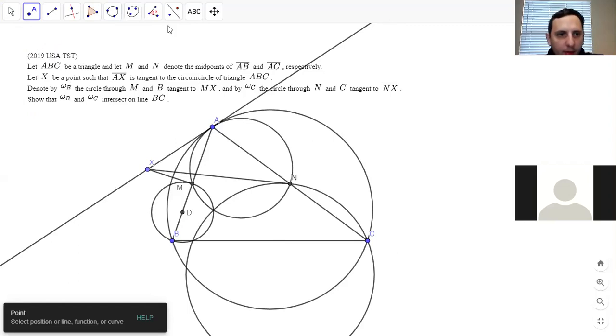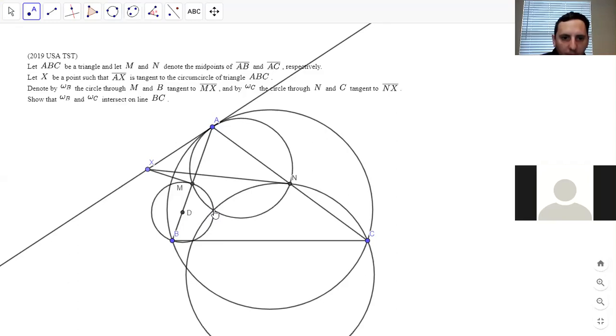So I'm trying to think what's a good way to do this. Maybe I could just draw one of the circles, and let's say it intersects at point F. I want to show that that's the same point as it would be with the other circle. Maybe that's one way I could do it.